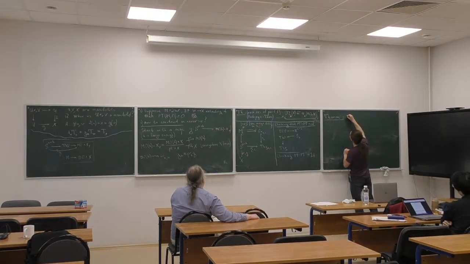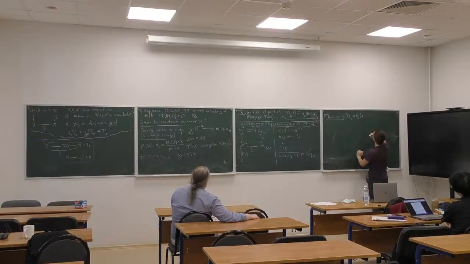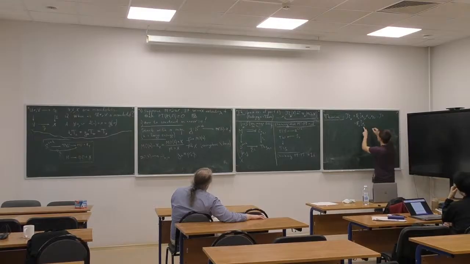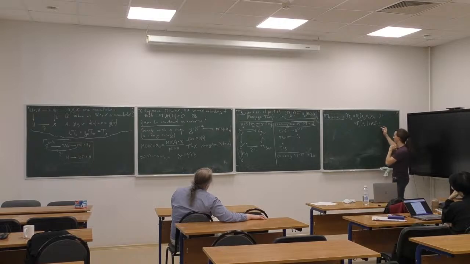As an algebra, we have this ring equal to F2 generated by x2, x4, x5, etc. Namely, this is F2 generated by all x_i with indices such that i is not equal to a power of 2 minus 1.